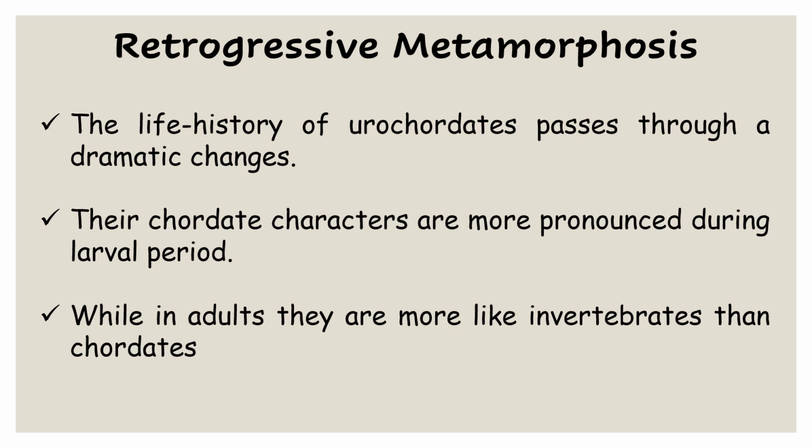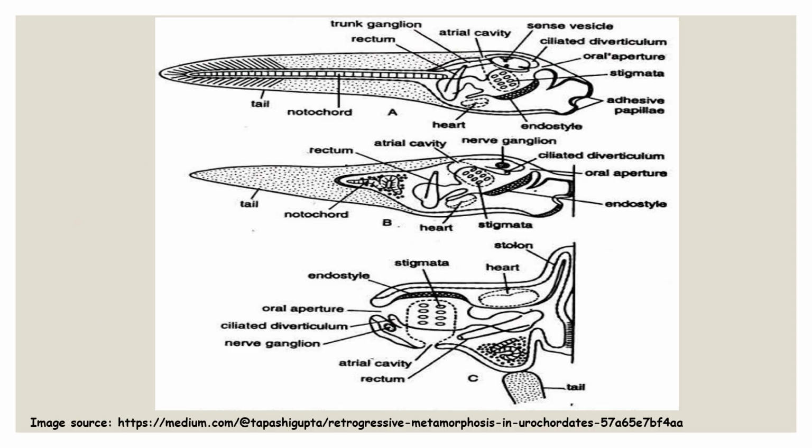In the life history of urochordates, the animal passes through very dramatic changes, where the larval period is much more complex compared to the adult. That's why this type of metamorphosis is named retrogressive metamorphosis. The same thing we can see here in diagrammatic form.